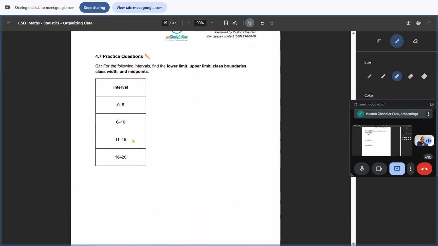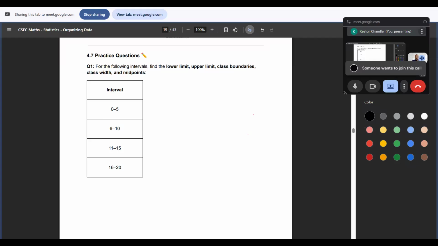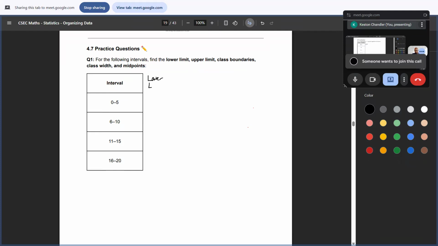All right, so for this particular interval, I want you to list for me lower limit, upper limit, class boundaries, calculate the class width, and then the midpoints. Yeah? So let's add in lower limit, upper limit.